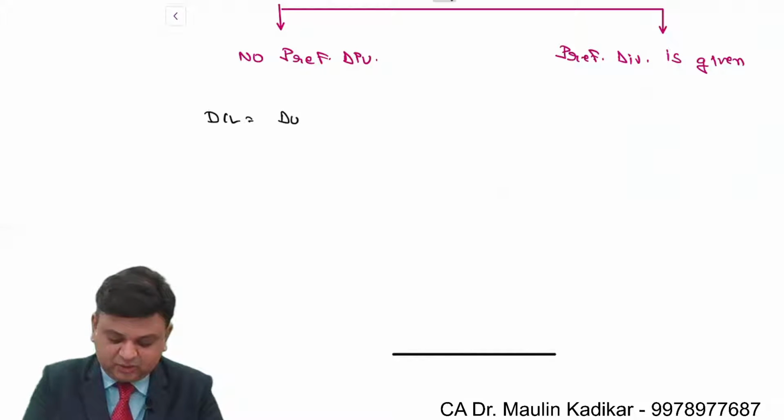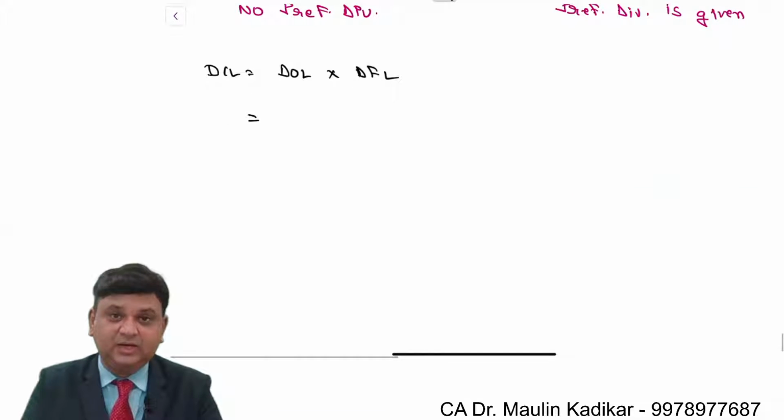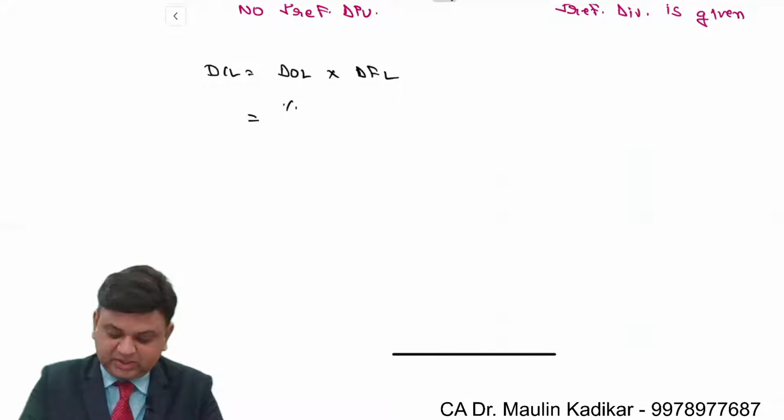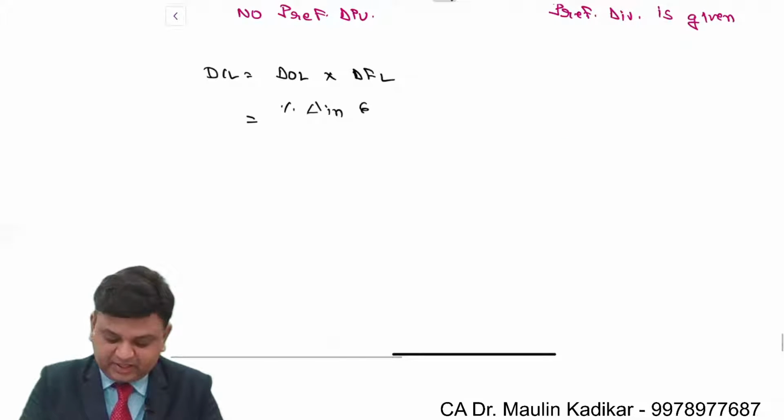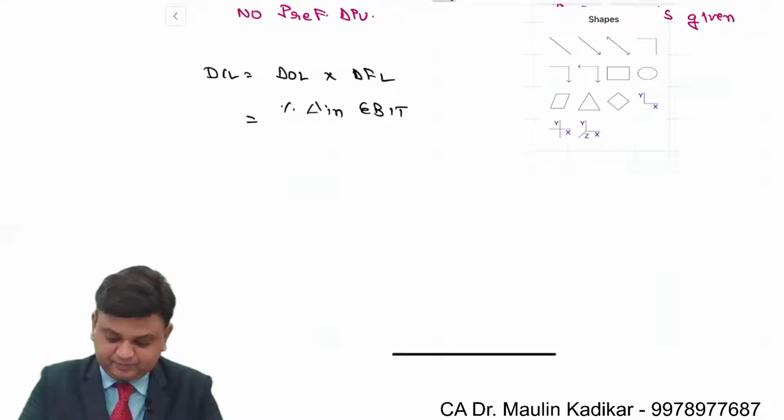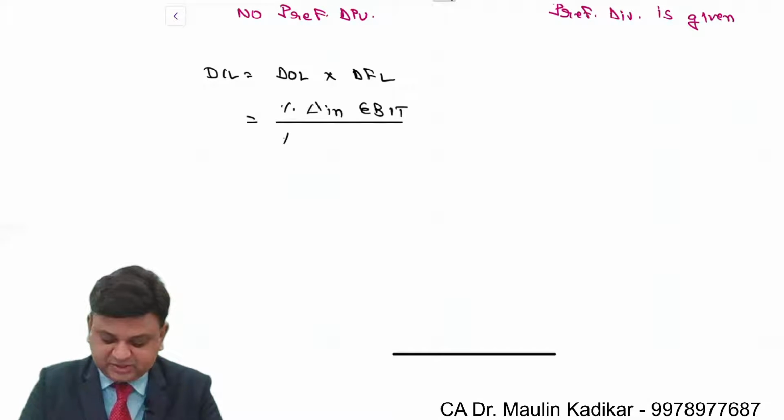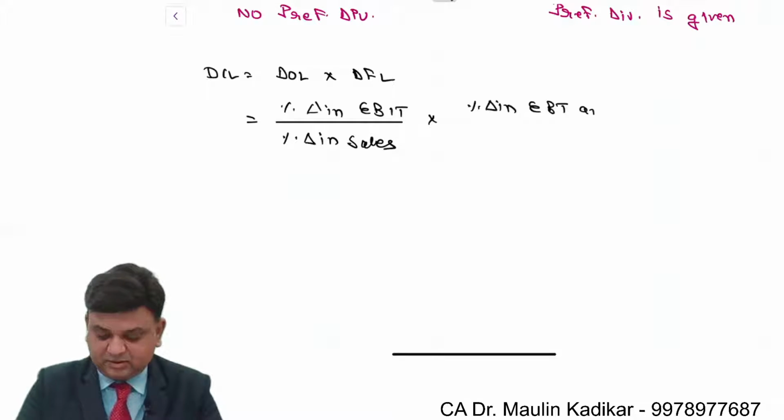DCL is DOL into DFL. DOL measures the percentage change in EBIT for every 1% change in sales, into DFL, which is percentage change in EBT and EPS for every 1% change in EBIT.